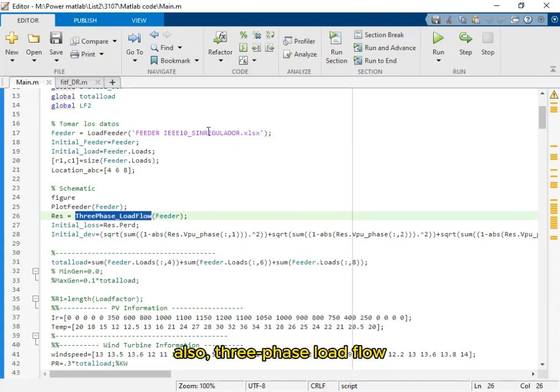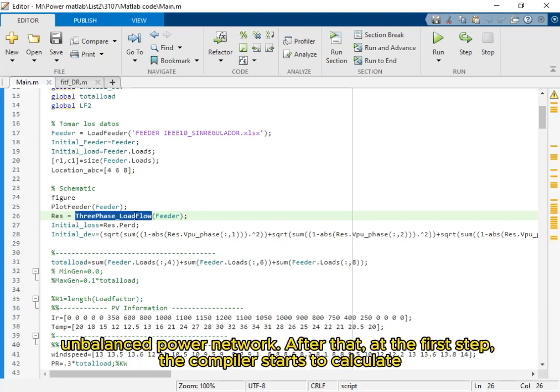Also, three-phase load flow is used to solve the power flow in the three-phase unbalanced power network.